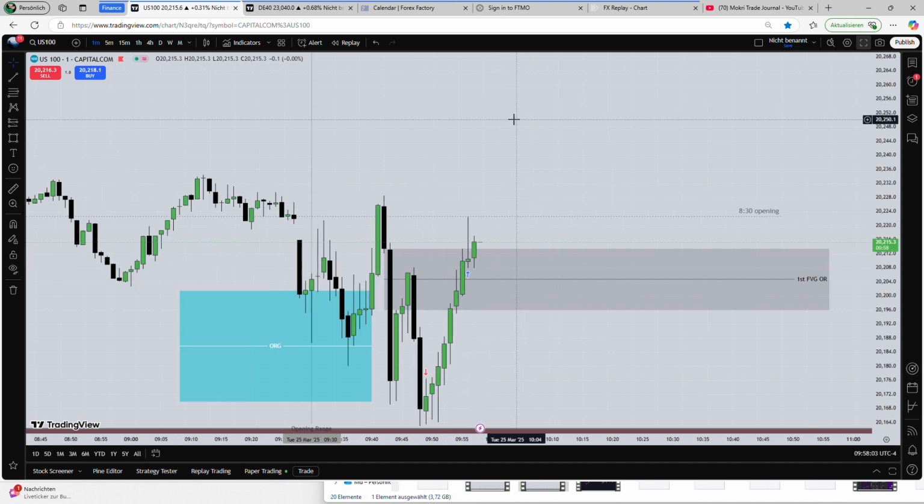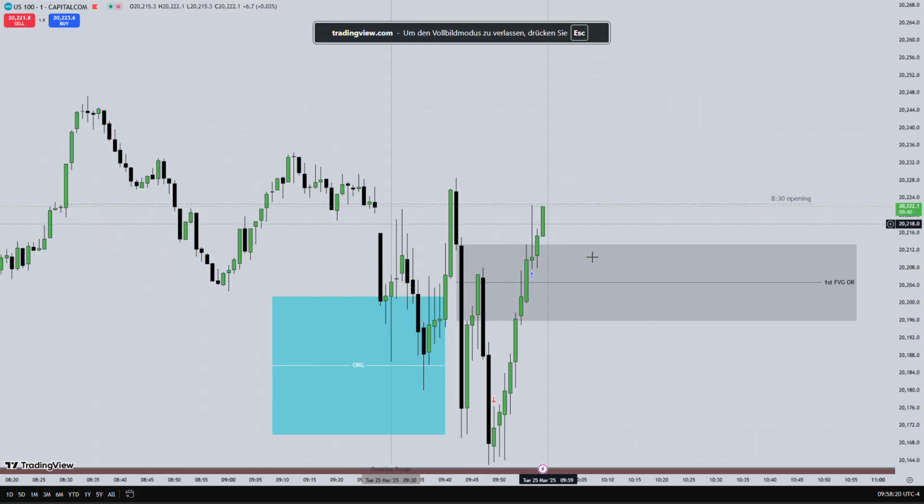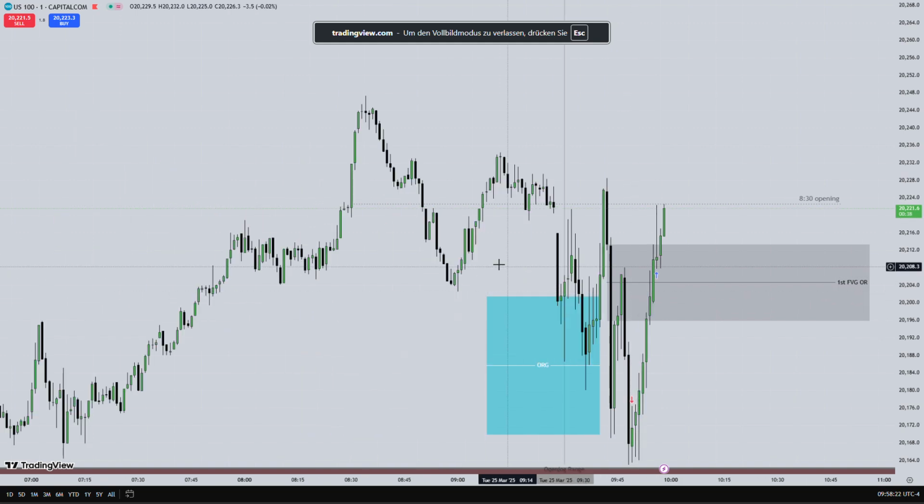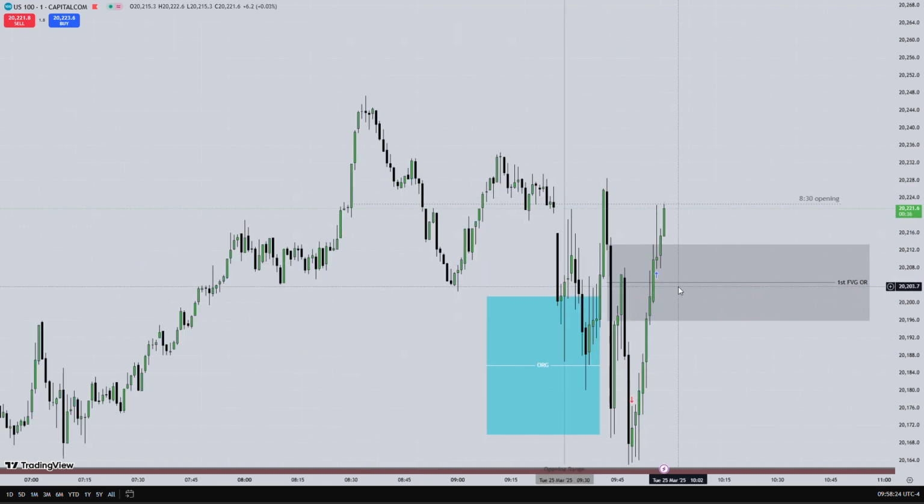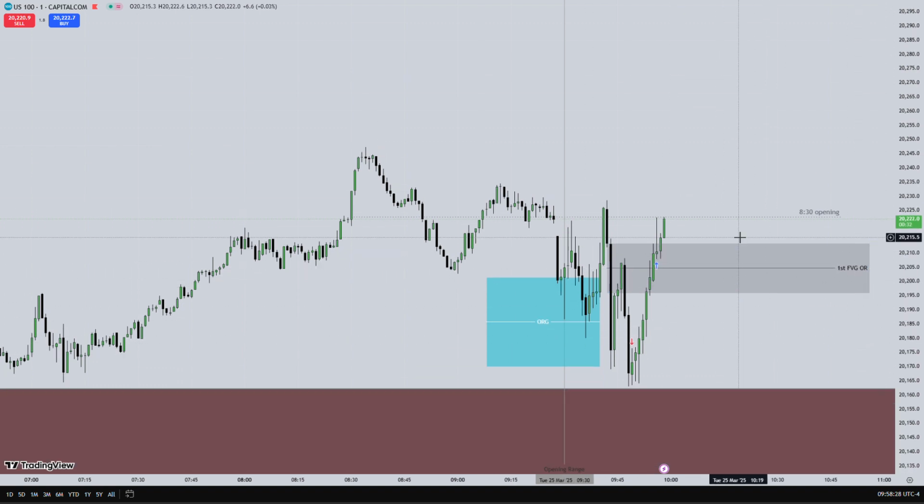So in this case, okay, I have a trade above the first presented fair value gap. Now I want to see a trade inside that. Also, there is a fair value gap. It might also be possible that price trades inside that fair value gap and starts to trade higher. Right now, it starts to trade above the A30 opening. But I want to see a clear trade below it, inside that first presented fair value gap, and I'm going to use this one as my entry.